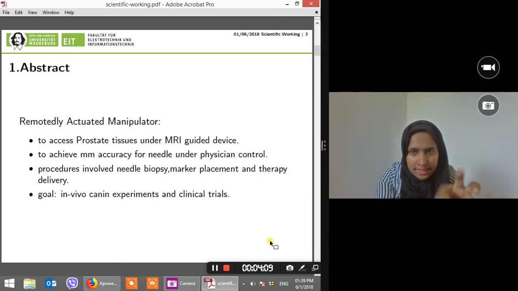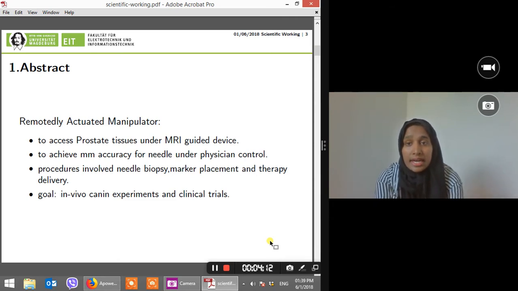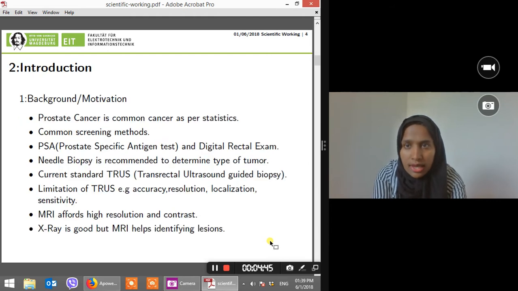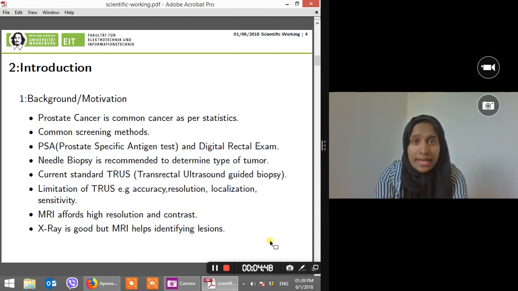All these three steps lead toward our final goal: the use of this manipulator in in vivo canine experiments and clinical trials, whether this manipulator is feasible for minimally invasive surgery experiments and clinical trials, whether it is useful or not. At the end of our presentation, we must conclude whether these four points are justified or not.